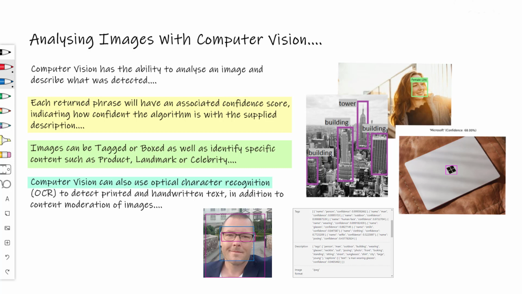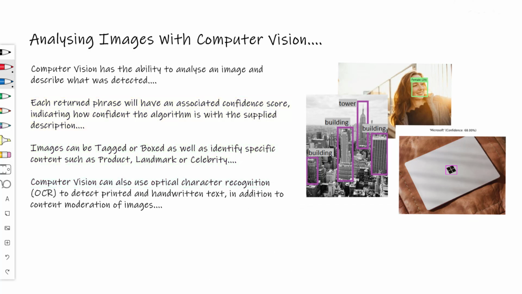The computer vision service can also use optical character recognition capabilities, and this is used to detect printed and handwritten text. On top of this, the service can detect image types, color schemes, and moderate content for adult or violent and gory scenes. So let's jump into a demo and take a closer look.